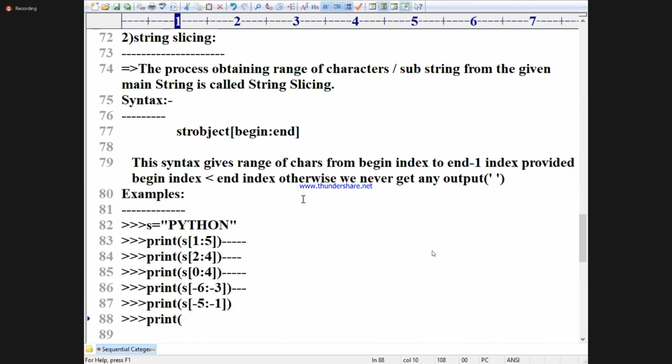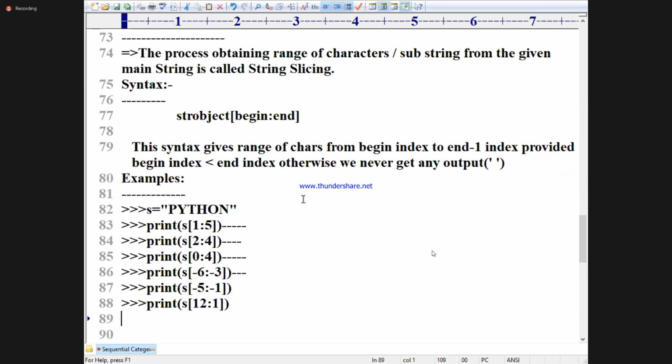Print of S of 12 colon 1. Print of S colon minus 12 or minus 6 colon minus 12.